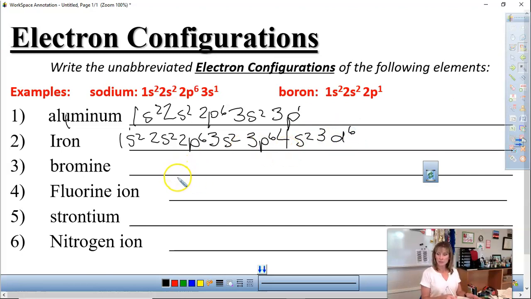All right, bromine. Find bromine. Bromine's in that fourth row all the way over. It's a halogen, so its electron configuration can be a little bit longer. 1s2, 2s2, 2p6, 3s2, 3p6, go down to the fourth row, 4s2.